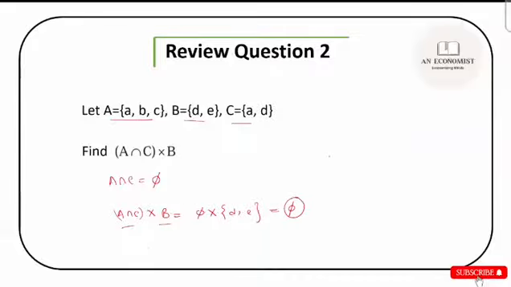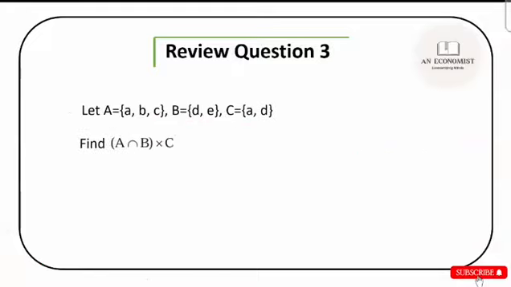You can think in this fashion also, the number of elements in the set A intersection C is basically 0. So if you multiply with the number of elements of B, it will come out to be 0. So the element will be null, right? I hope this is clear.